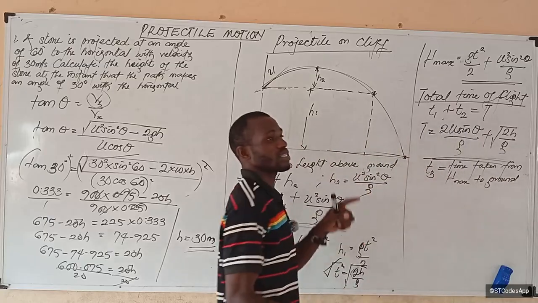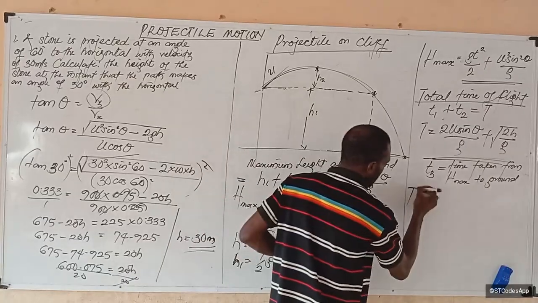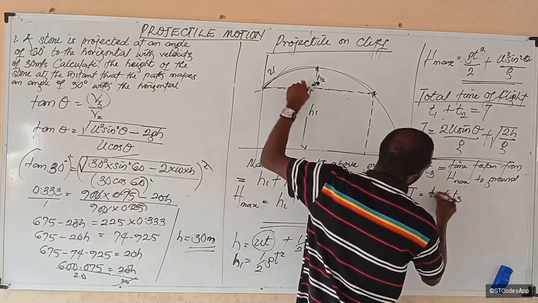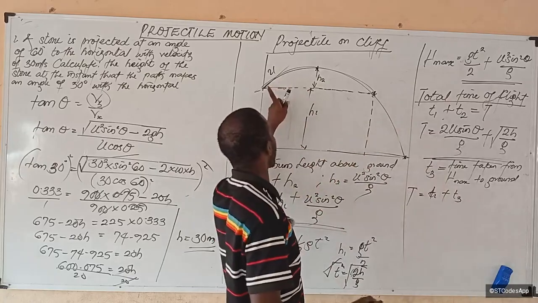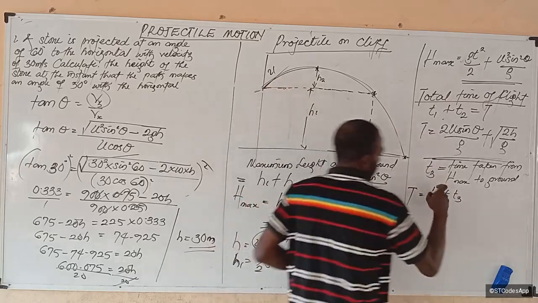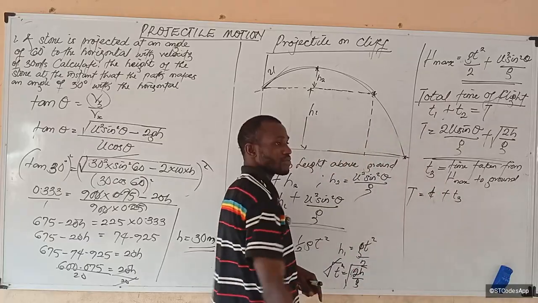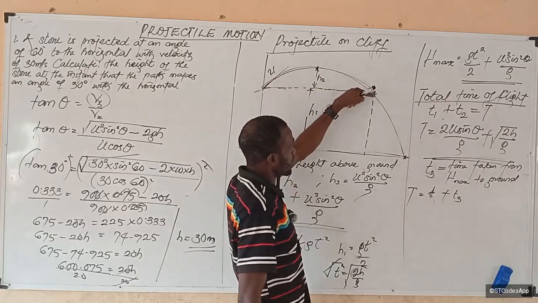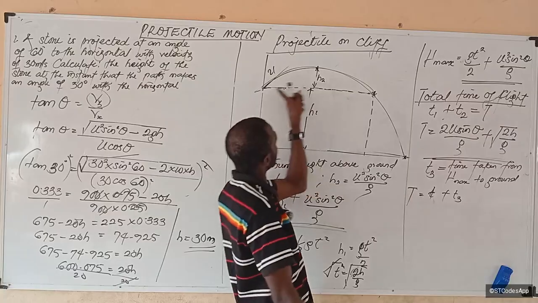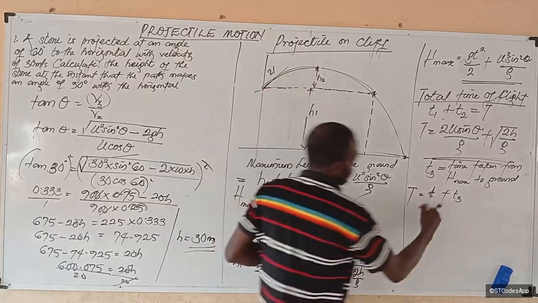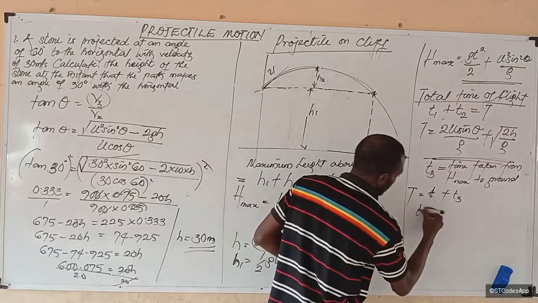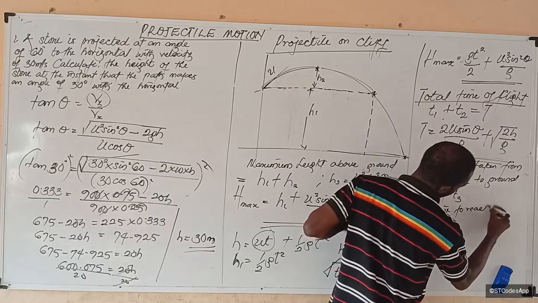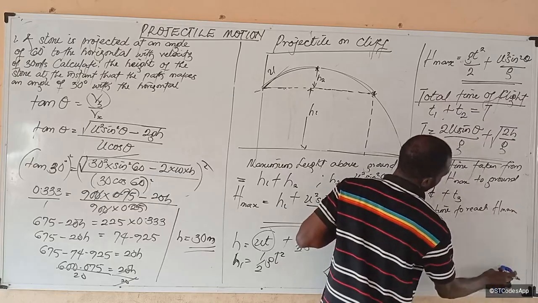If that's the case, then we can say that the total time of flight will be t plus t3. Let's call this one t now, because if it's t1 we have already parameterized it to be the one from here to here. So let's call t the time taken from here to maximum height, the time to reach h max.